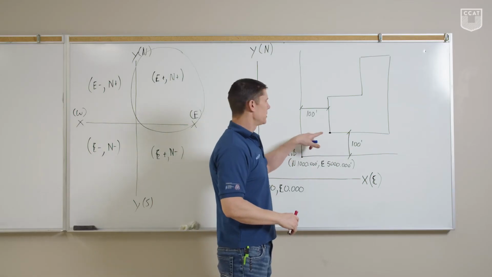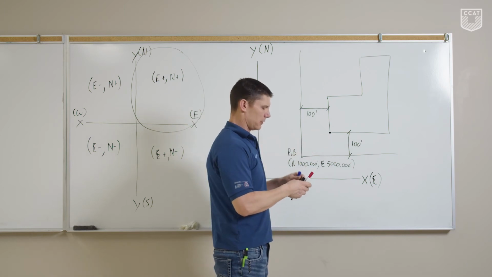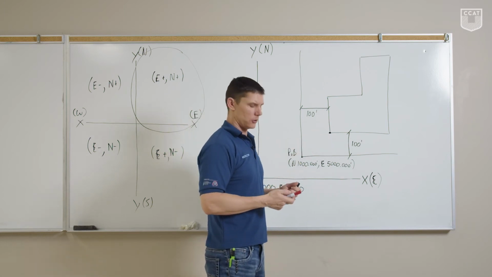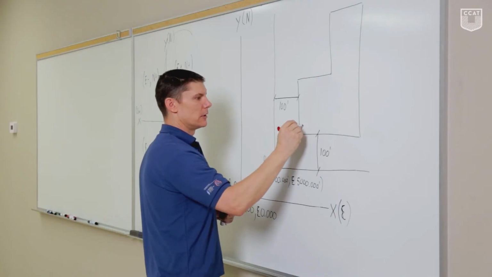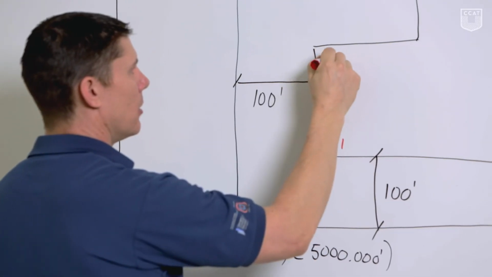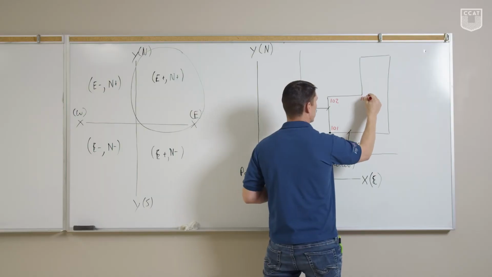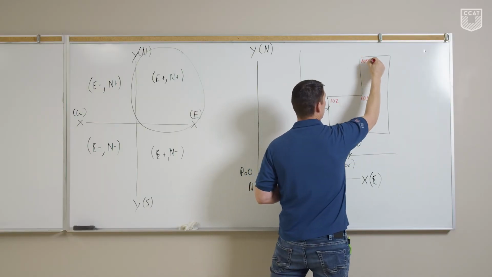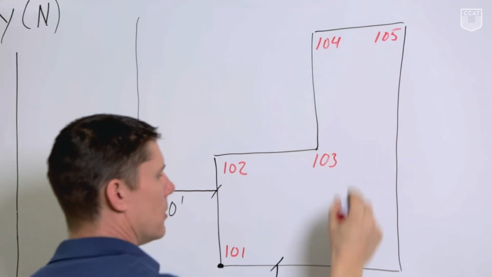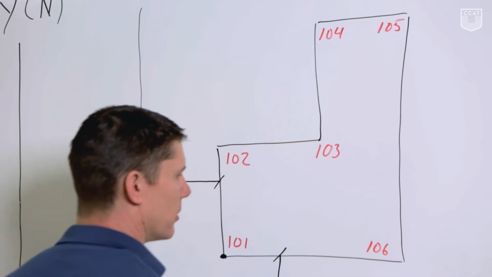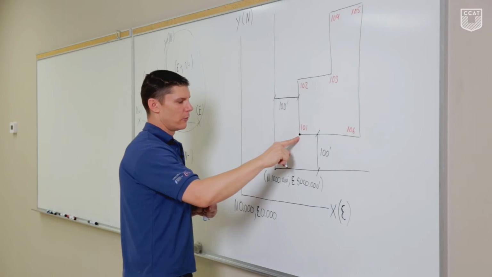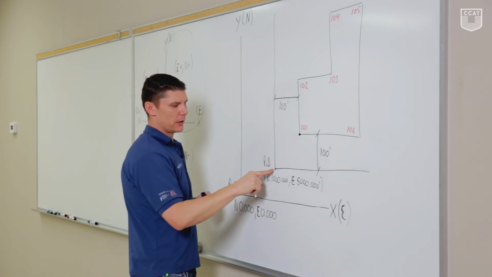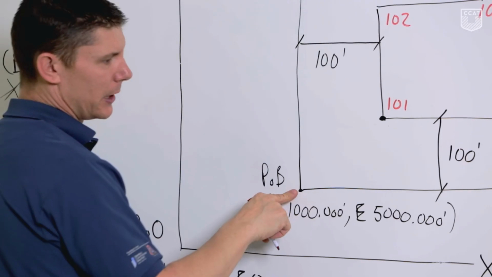Okay, next up we're going to determine our coordinates for this point right here. Now when you're looking at the data collected in the total station, all these points here are going to be numbered. So we'll call this point number 101, point 102, 103, okay, all the way around, so that we know which point we're trying to locate. If we want to figure out what point 101 is, we're going to start out at our point of beginning.